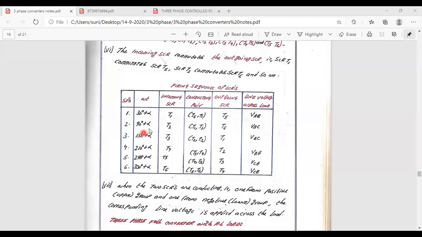T1, T3 and T5 represent the positive conducting devices, and T2, T4 and T6 represent the negative conducting devices, isn't it? So 30, 150, 270 for the positive, and 90, 210, 330 for the negative values. Please copy this one.